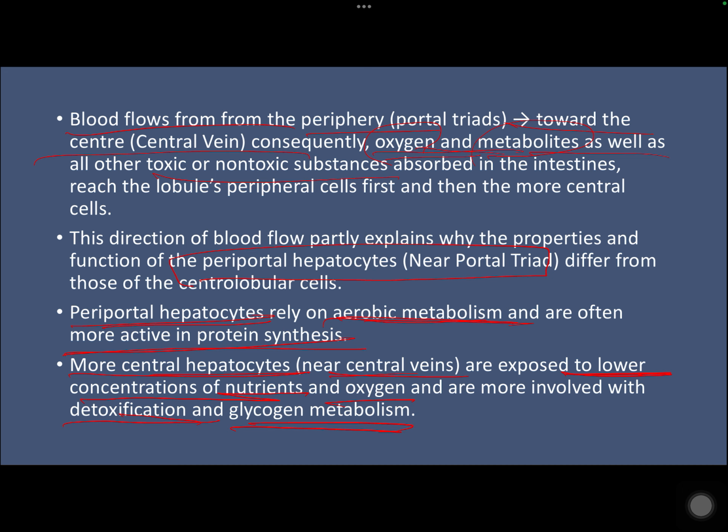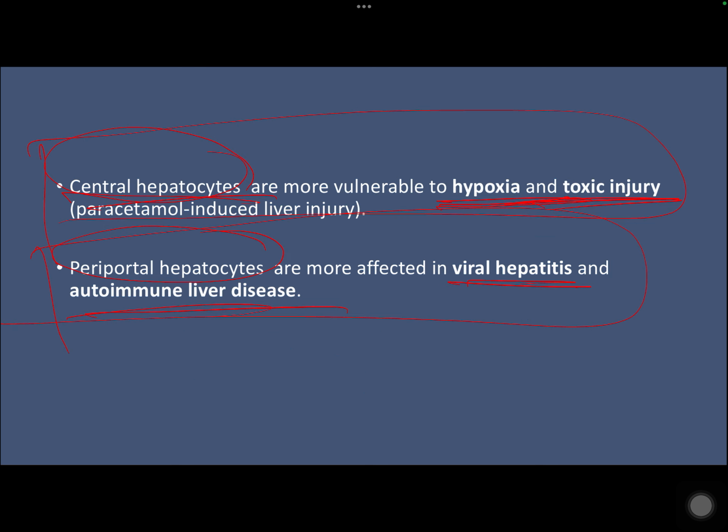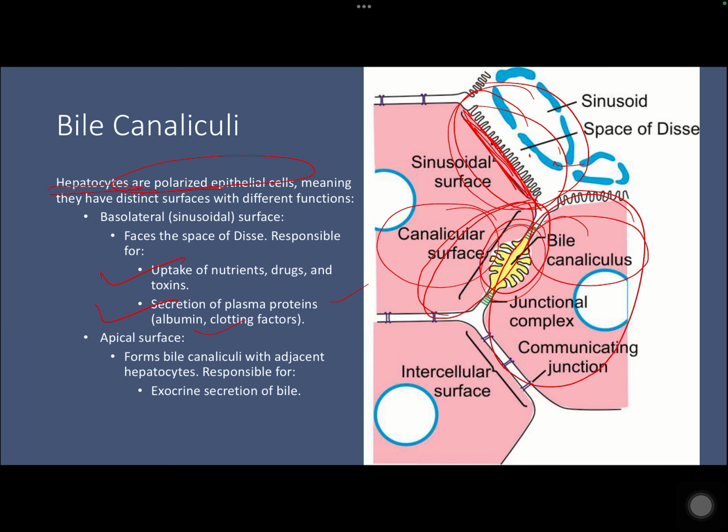Then we discussed the periportal hepatocytes. They get oxygen rich and nutrient rich blood as compared to the more central hepatocytes. Central hepatocytes are more vulnerable to hypoxic and toxic injury, while periportal ones get more affected in viral hepatitis and autoimmune liver disease.